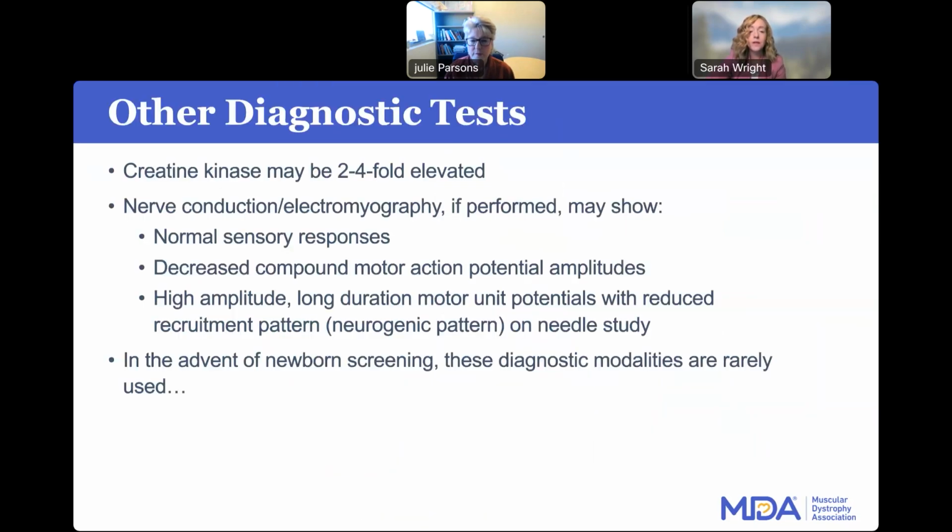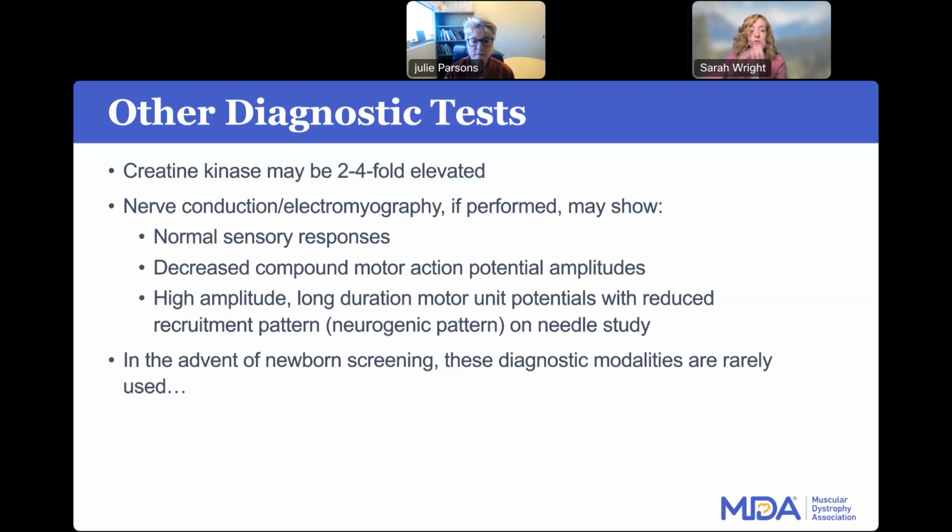And so these are really not used, but other diagnostic testing that you may see and may sometimes confuse the picture is that in some individuals, the creatine kinase may be 2 to 4 times elevated. That is related to the motor neuron not giving a message to the muscle and then having some muscle breakdown. And then, of course, if you were to conduct regular electromyography and nerve conduction studies, you would see normal sensory responses, but decreased compound motor action potential amplitudes, as well as neurogenic changes on your needle study.